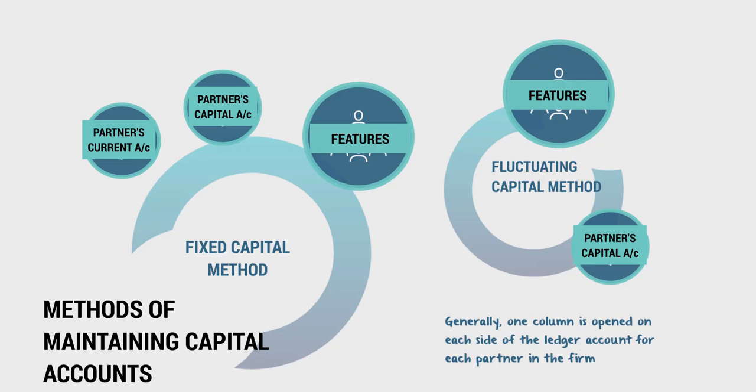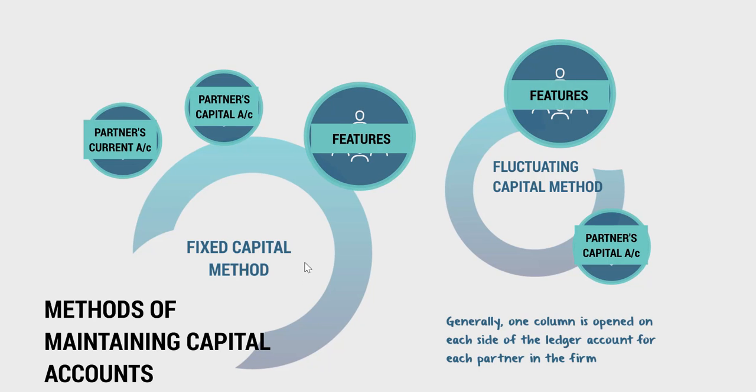In this section, we will discuss in detail the partner's capital accounts in the case of partnership. Now, in partnership firms, there are two methods of maintaining capital accounts. The first one is referred to as the fixed capital method, and the second one is referred to as the fluctuating capital method.